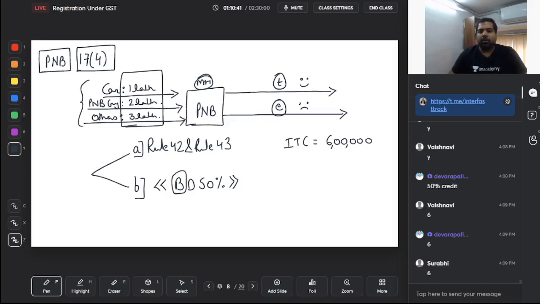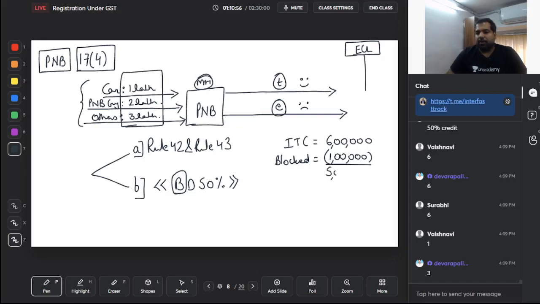Guys, how much is blocked? Under section 17(5), 1 lakh is blocked. So I remove that 1 lakh. Yes. This is my electronic credit ledger. Let's say how much I can take. So now how much remains, guys? 5 lakh. Out of the 5 lakh, how much is coming from deemed distinct persons, guys?